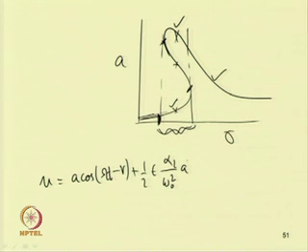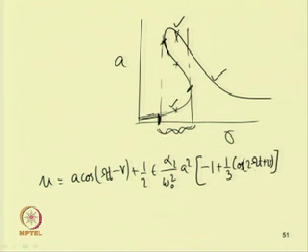So, in this case we can write the response of the system as u equal to a cos of omega t minus gamma, plus half epsilon alpha 2 by omega 0 square a square times minus 1 plus 1/3 cos of 2 omega t minus 2 gamma, plus order of epsilon square.